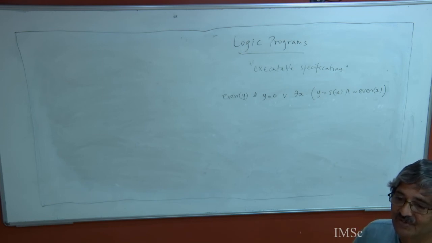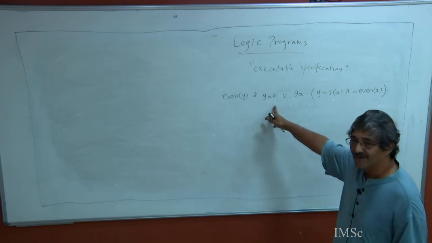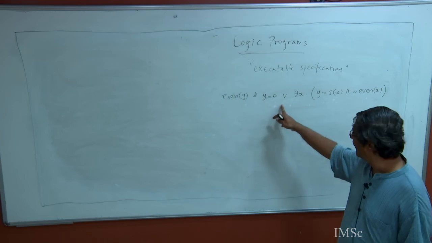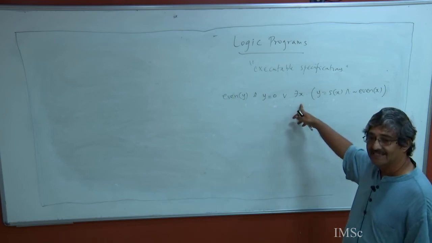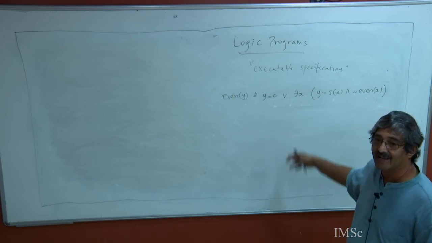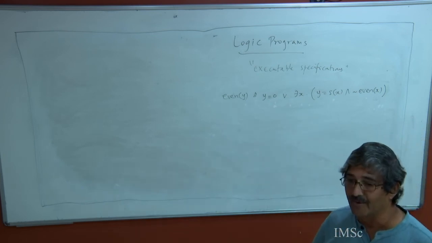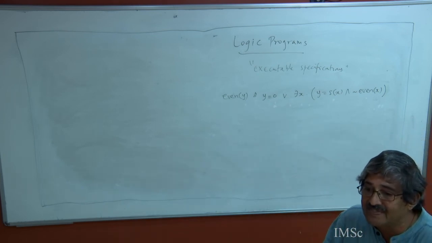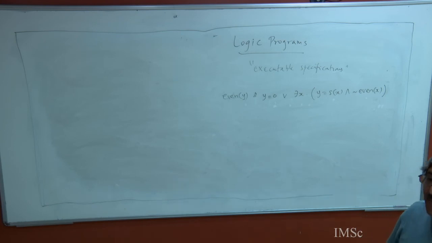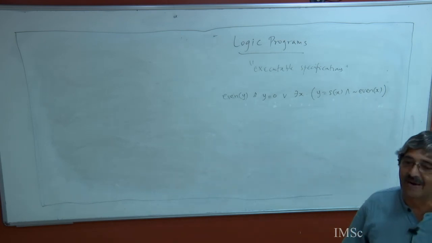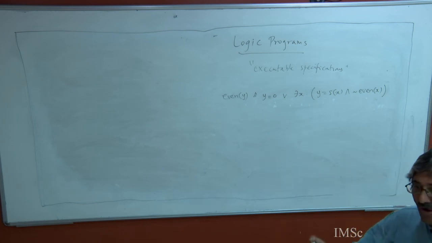So either y is 0 or the successor of x is actually not even. If that is so, I certify y to be even. So the specification of the predicate even can be thought of as a program.